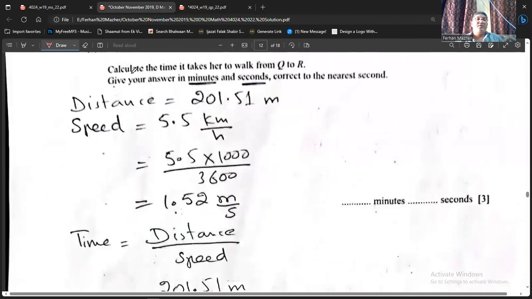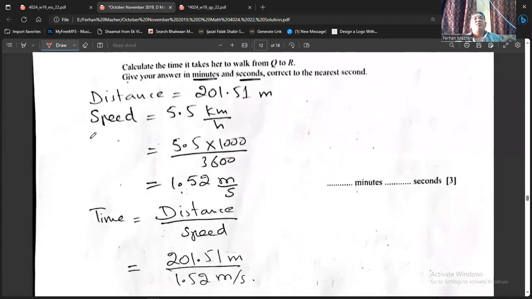So the distance is 202 or 201.51 meter, or you can say 202 meter. The speed is 5.5 kilometer per hour. So I will convert that speed into meter per second.